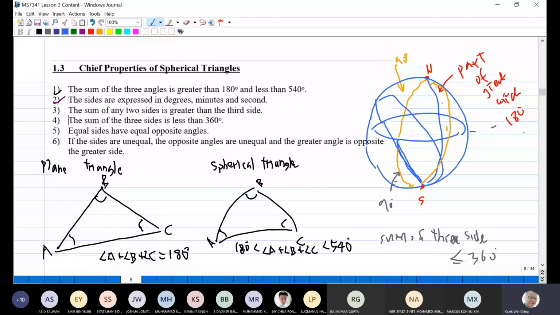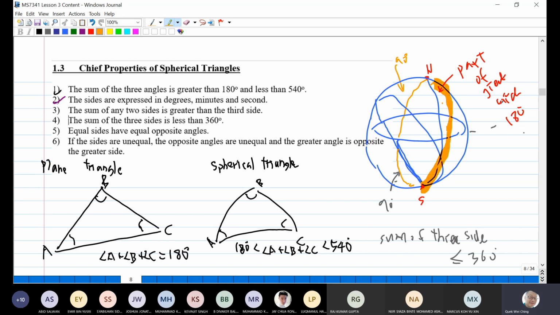So I have this diagram here on the side, the north to south here. Let me use this diagram. What is the length of this thing, from north to south?